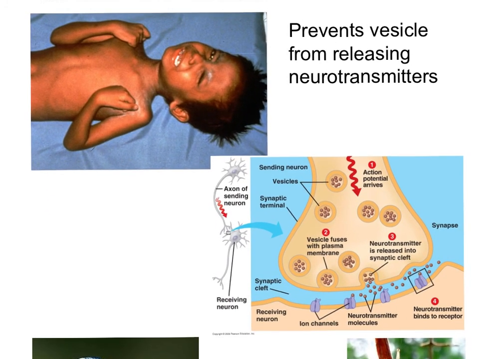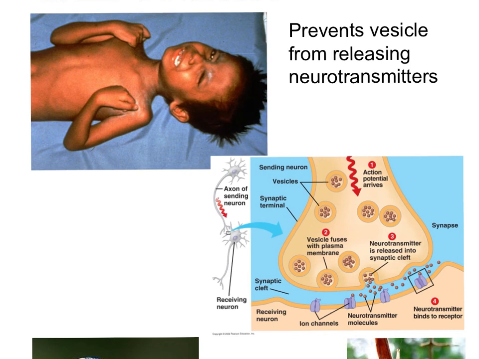Few last examples. Tetanus is another example. You probably all have received a tetanus shot. You get one about every 10 years. Tetanus is a bacteria that lives naturally outside. If it gets into your bloodstream, it can cause what they call lockjaw, which essentially means that your muscles contract and they do not relax.